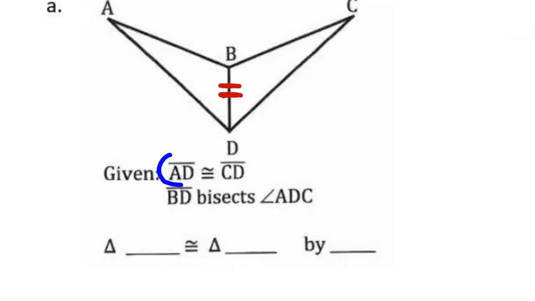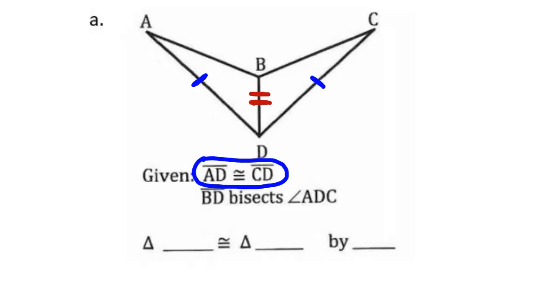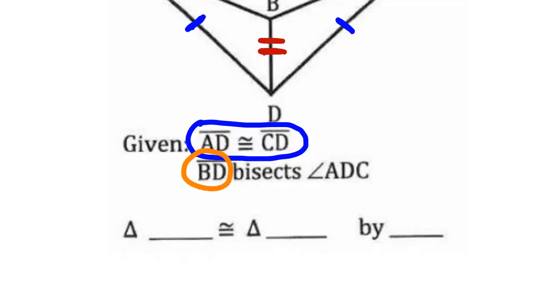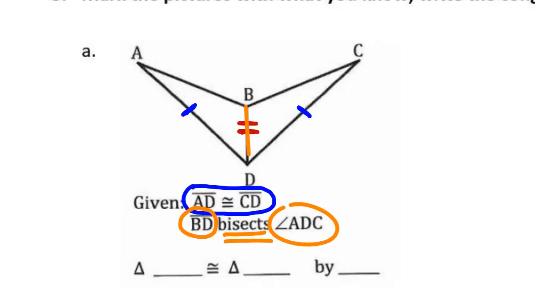It then tells me that segment AD, this one over here, is congruent to segment CD, this one over here. And then finally, it tells me that segment BD bisects angle ADC. Well, BD is right here. What does bisect mean to do again?